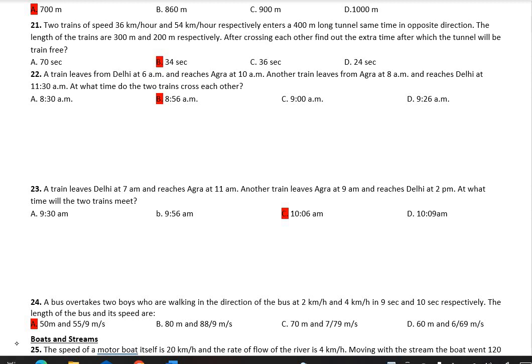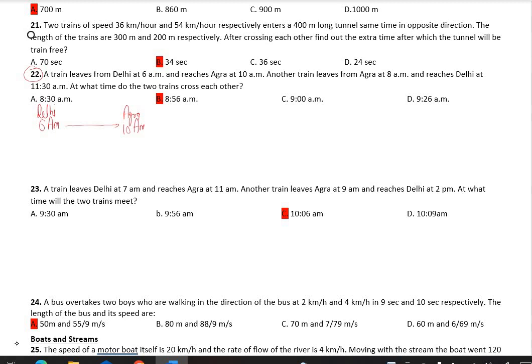So hello students, in this video we are going to discuss a question of time, speed and distance, and the question is, you can see, question number 22, right? The question is, a train leaves from Delhi at 6 a.m. and reaches Agra at 10 a.m., right?